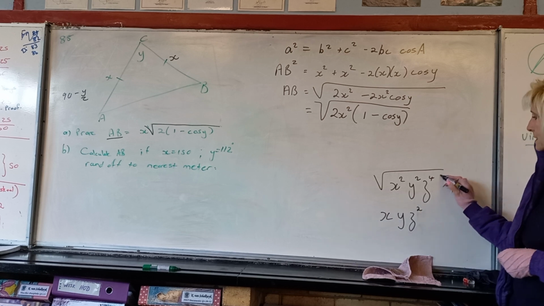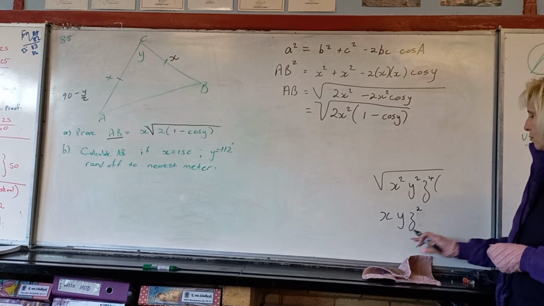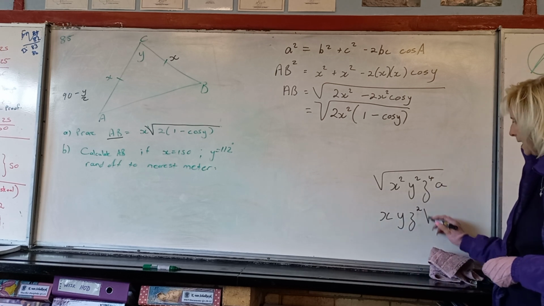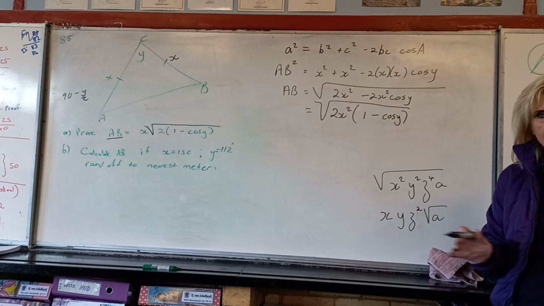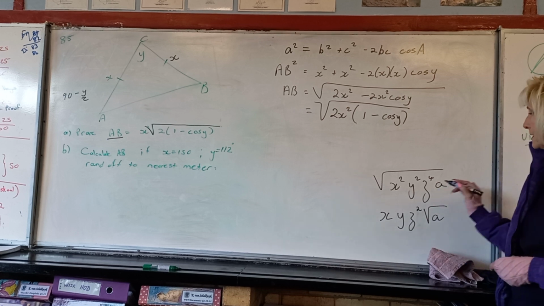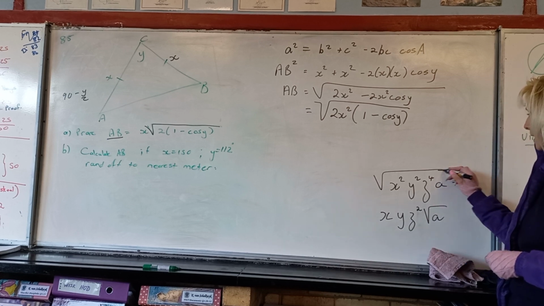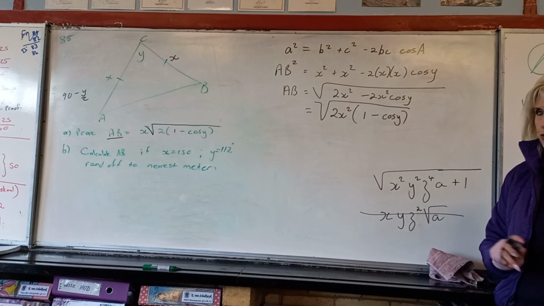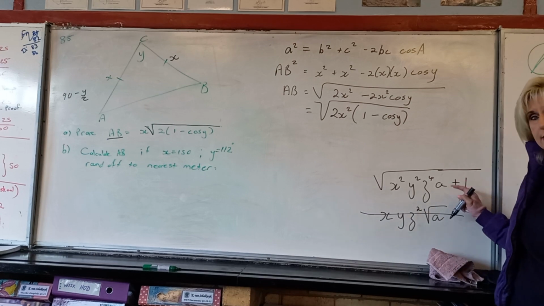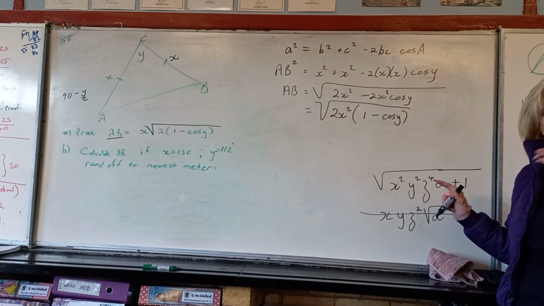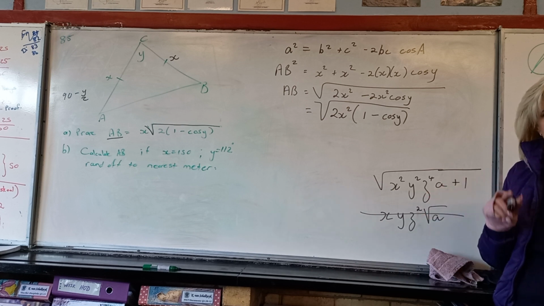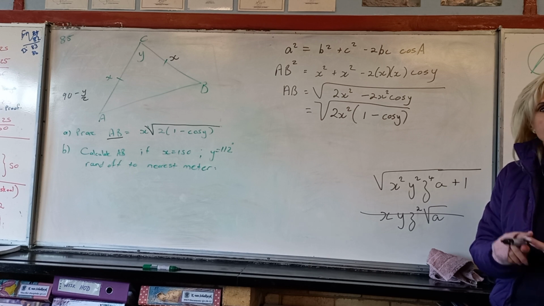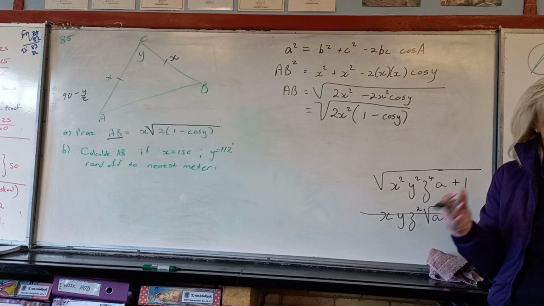But if there's something that has to be added in there, even just an a, then it has to stay there because it cannot come out of the root. The moment there's adding and subtracting, remember, roots are actually exponents, and exponent laws are only for multiplication and division. There's nothing for plus and minus. You've got to factorize if you want to do anything there.